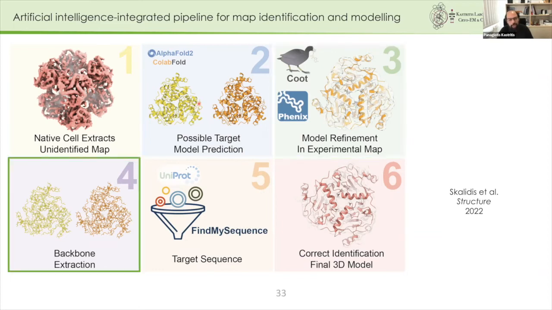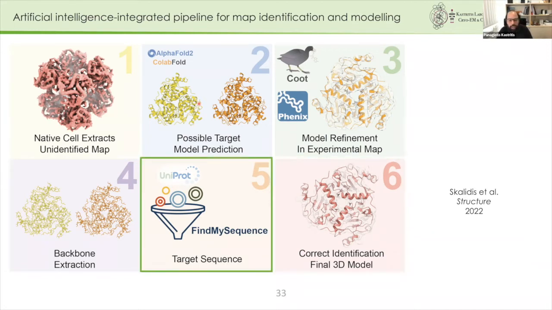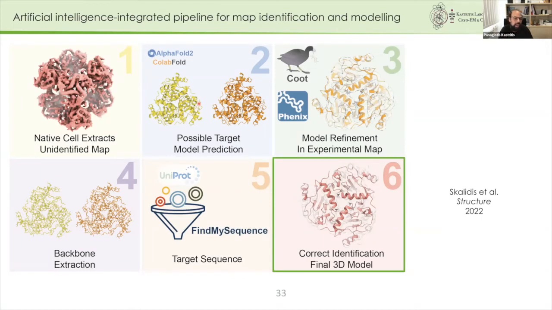After doing this, we extract only the backbone and then use the tool from Gregor Chojnowski, called Find My Sequence, which is another machine learning algorithm that basically guesses your sequence based on the cryo-EM map. Using this tool, we could unambiguously identify that the molecule that fits there is the oxoglutarate dehydrogenase complex E2 protein and not the branched-chain ketoacid dehydrogenase complex E2 protein.